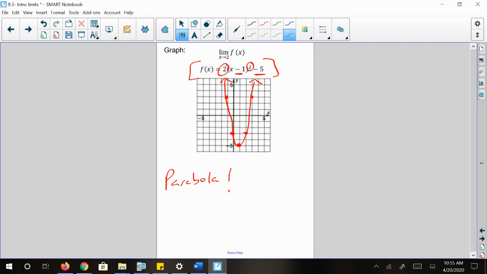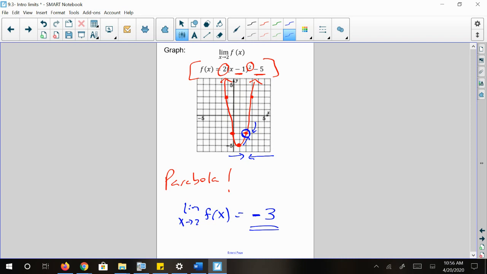Now, this problem in particular is asking for the limit as x approaches 2 of this function, okay? So what that means is I want to see what's happening as I get closer from this side and see what's happening as we get closer from this side. And then I want to pick the y value that it's approaching as I get closer from either side. So as I approach from the left and as I approach from the right, I can see that this function is approaching a y value of -3.